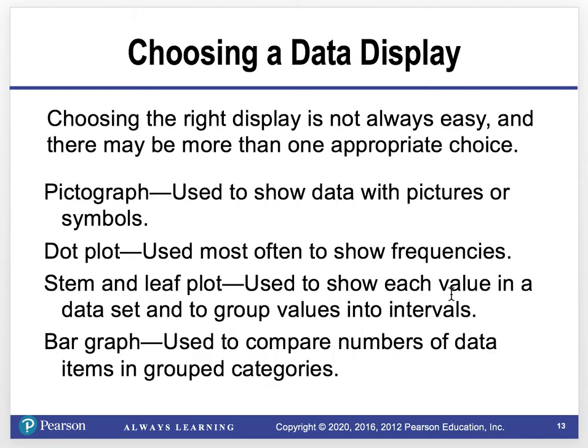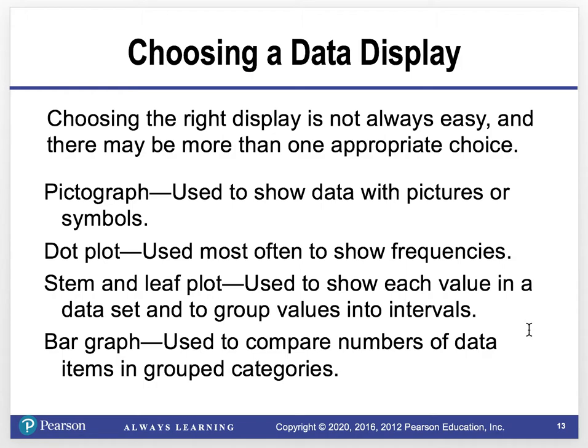Okay, here's something I need to pay attention to. So you may want to pause this and read these yourself also. Choosing the right display is not always easy, and there may be more than one appropriate choice. So a pictograph is used to show data with pictures or symbols. A dot plot is used most often to show frequencies.